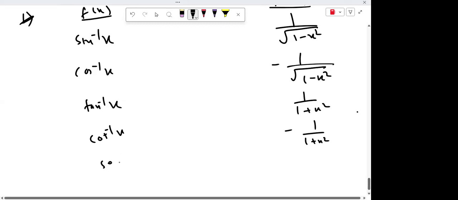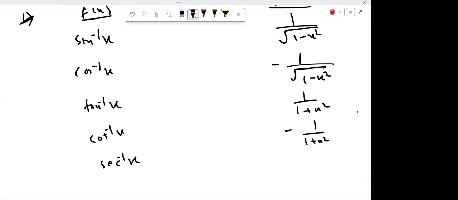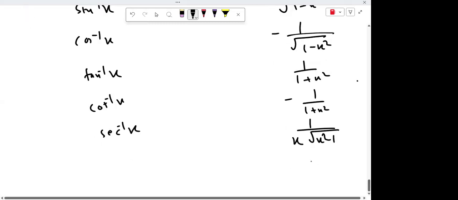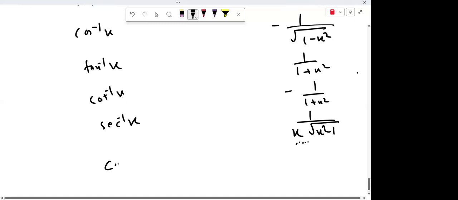And we have sec inverse x: 1 by x root of x² minus 1. And this is actually mod x, but we'll deal with that later in life. Cosec inverse x is minus 1 by x root of x² minus 1.